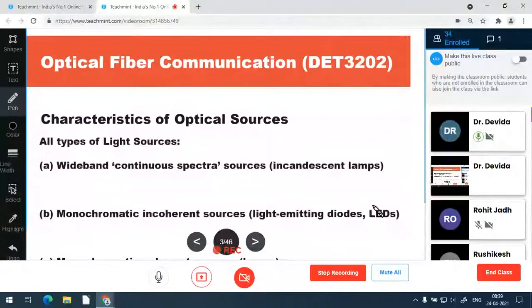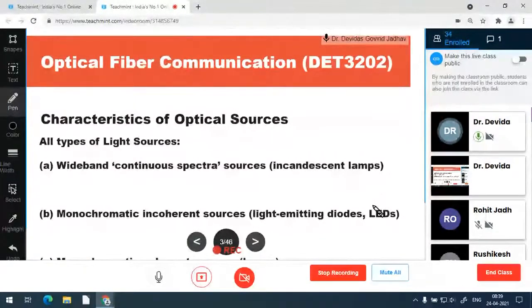So this is the difference between the light emitting diode, laser, as well as the fluorescent tube, filament bulb also. Then one more difference is there.